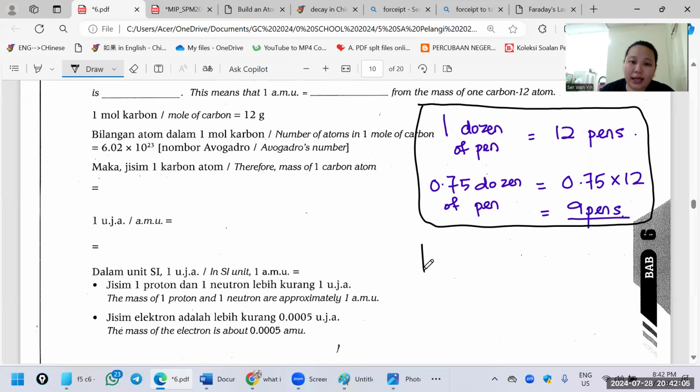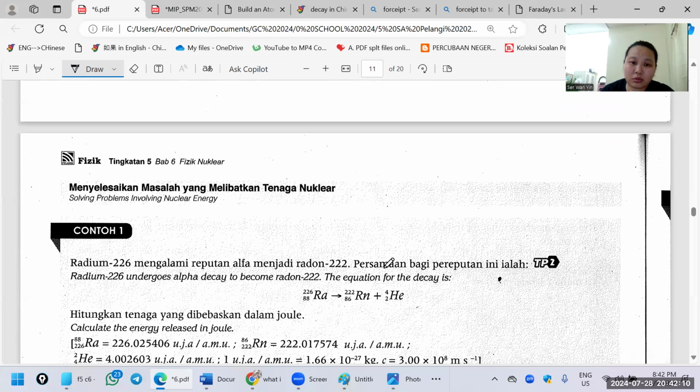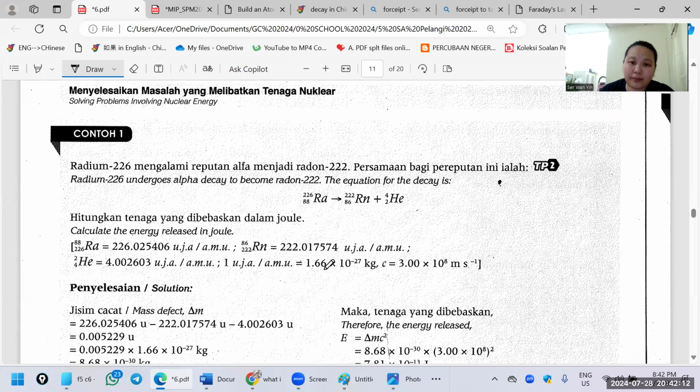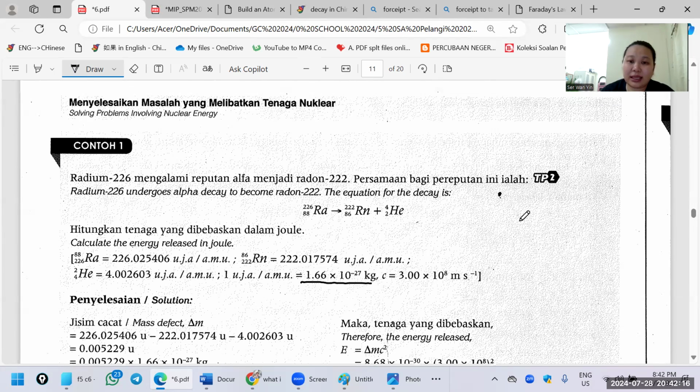So actually 1 AMU equals 1.66 times 10 to the power of negative 27 kg.